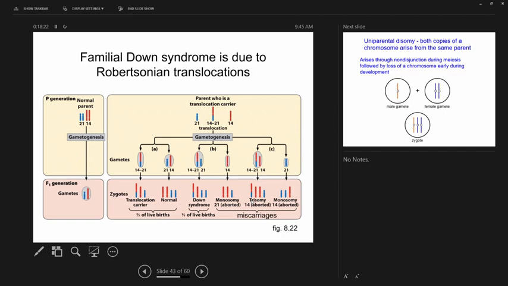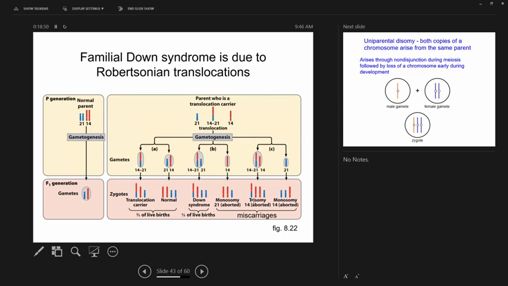But sometimes you can get a translocation and you will have an individual who's a male or a female, because these are both autosomes, neither is the X or the Y, that will have this genotype. Instead of having 2 14s and 2 21s, they will have 1 14 and 1 21, and then a third chromosome that is the 14 and 21 Robertsonian translocation.